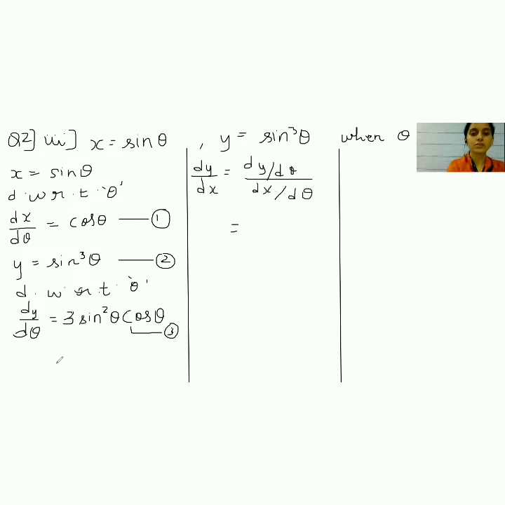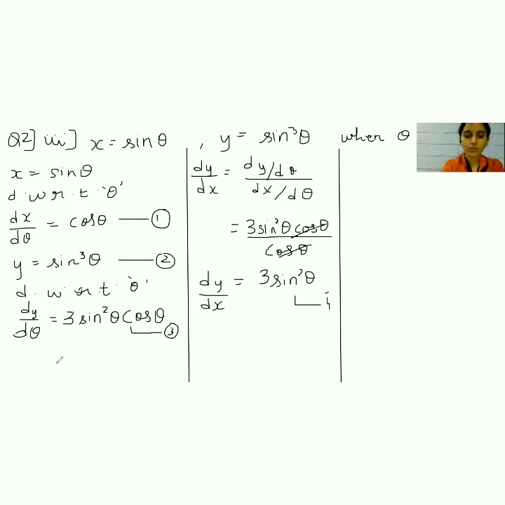It is 3 sin square theta cos theta, and divided by dx by d theta, which is cos theta. Right, so we'll cancel this out. We are left with 3 sin square theta. Okay, this is dy by dx. We'll call it equation 4.